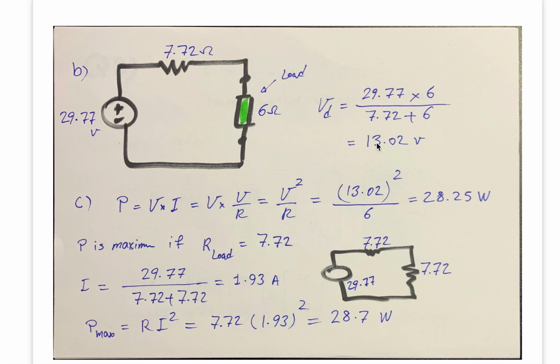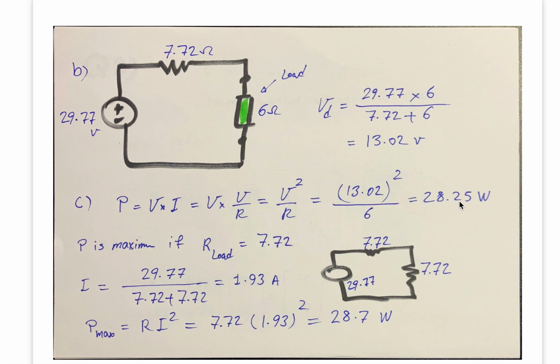This is what you got in section B. This is the voltage drop of the load. Be careful, this should be a square. Divided by the resistance of the load, which is 6 ohm. So this is the power of the load.